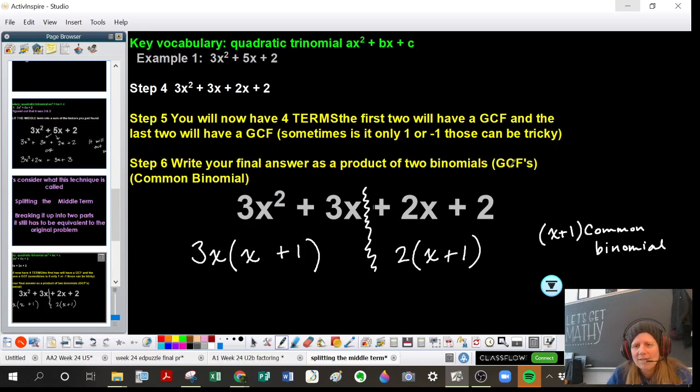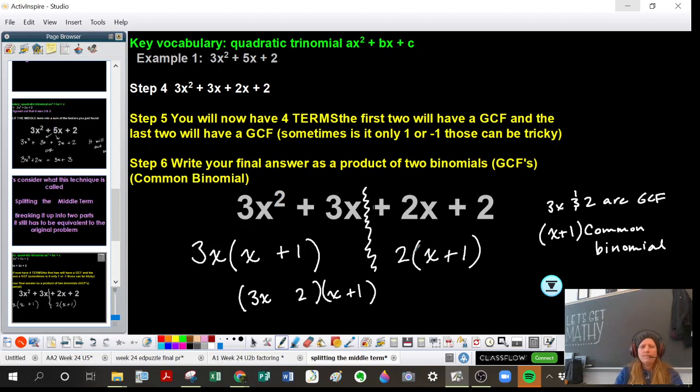And then my greatest common factors, my GCFs, are the 3x and 2. So that's how we're going to write our answers. We're going to put our GCFs into one binomial and then write our common binomial in the next parentheses.